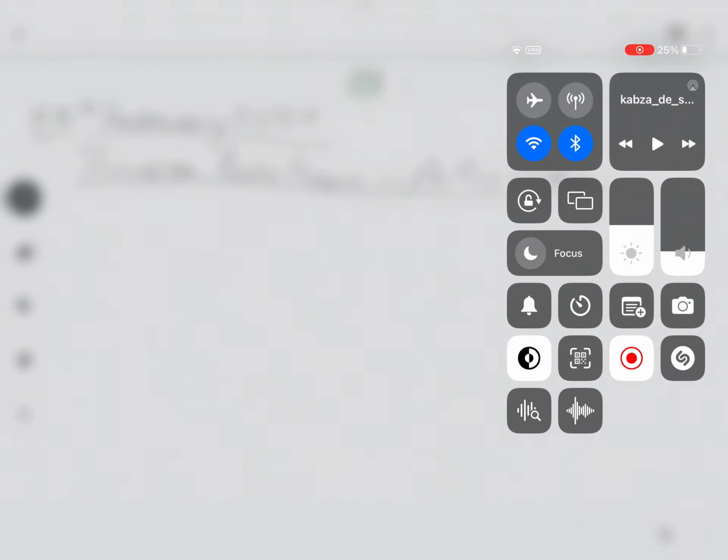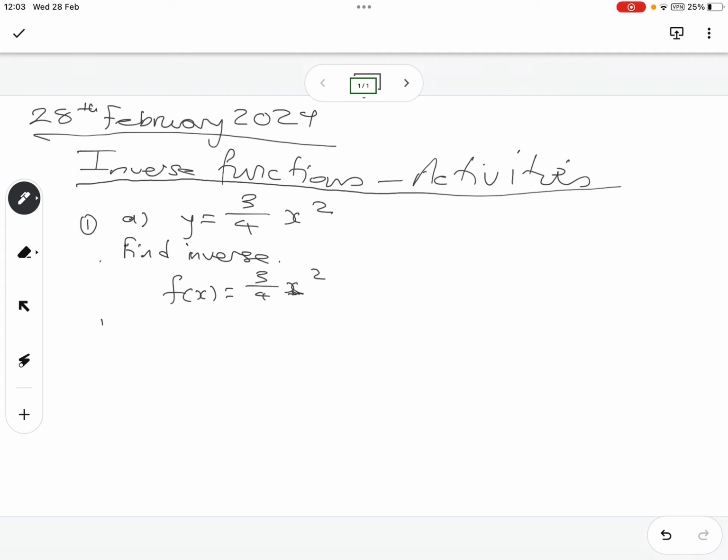It's 3/4 x squared, and then the rule to get the inverse, we substitute x and y. So swap x and y such that x equals 3/4 x squared.